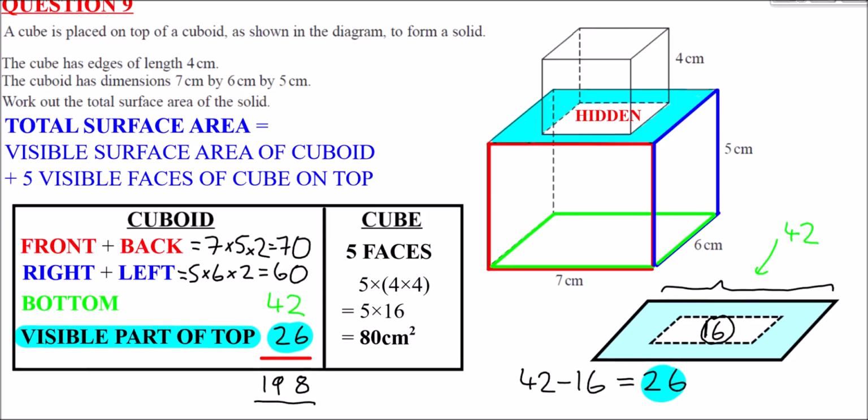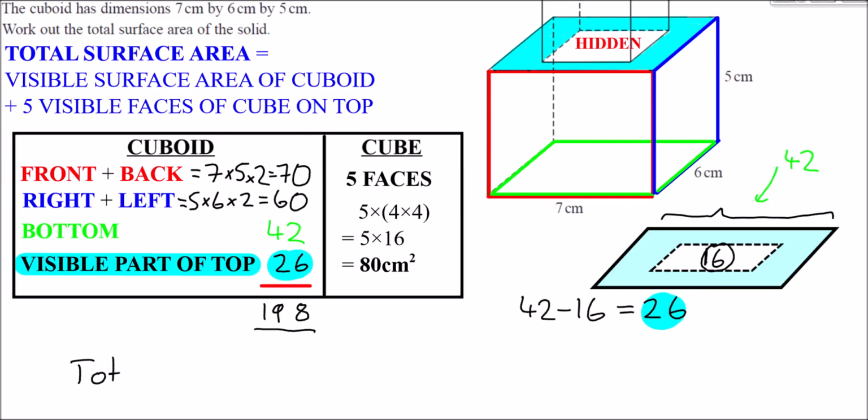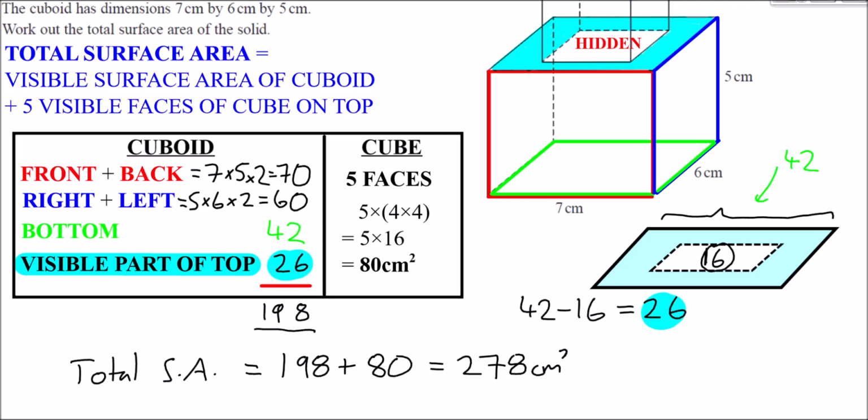So therefore, total surface area is going to be the 198 for the cuboid, plus 80 for the cube. 19 plus 8 is 27, so therefore 198 plus 80 is going to be 278. So the full surface area is 278 cm squared.